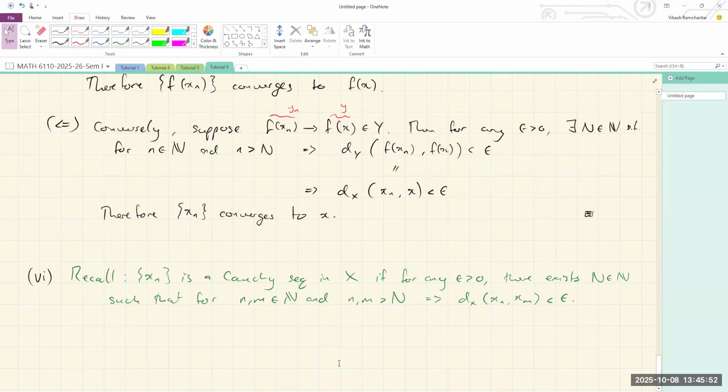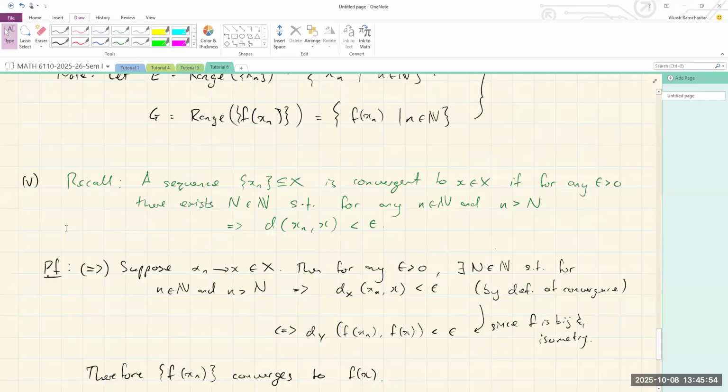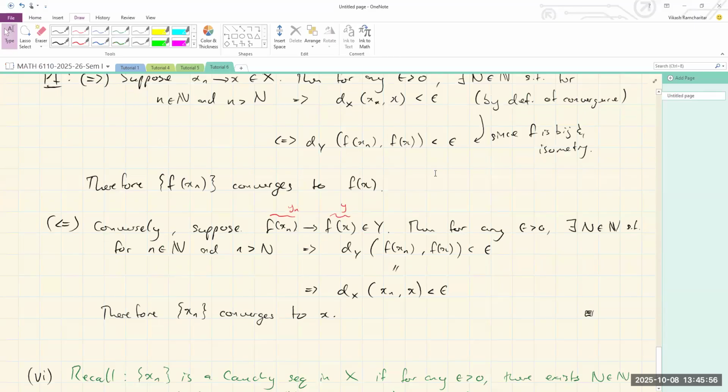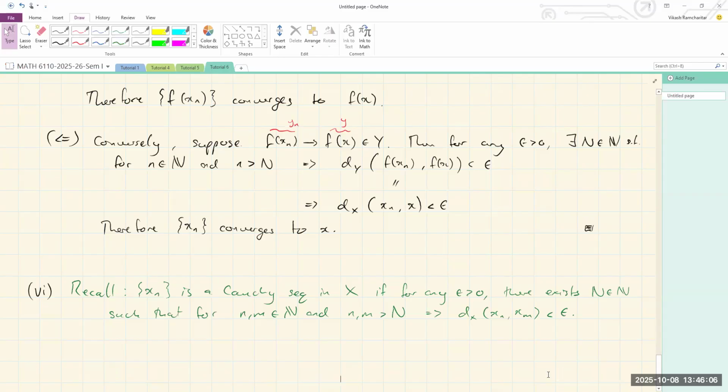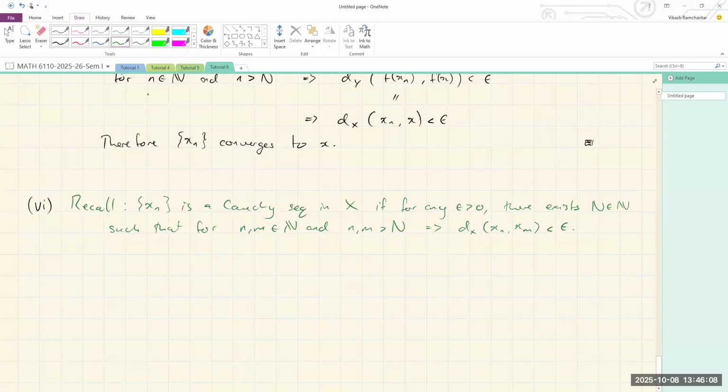And you can see that all we have to do is the same trick that we did up here. So it's the same thing. Once you reach the point where you write the distance between the x's, you just substitute in the distance for y because it's an isometry. So I'll put over here as the proof: same as part 5.